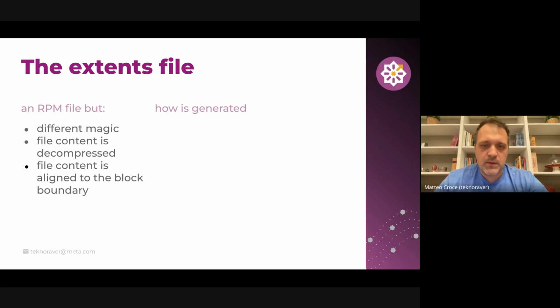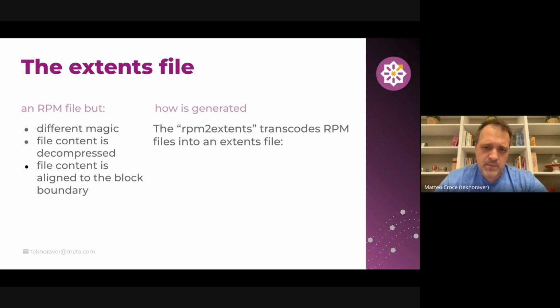The extent file is generated with a tool called rpm2extent. In the classic Unix way, it's a streaming operation, so it can read the input package from the standard input and print the extent file on the standard output.